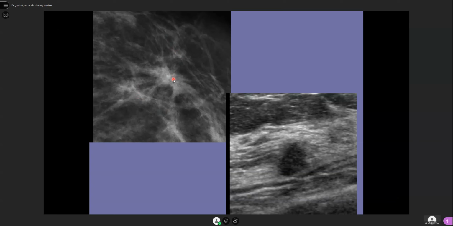And the margins of the mass are highly ill-defined and infiltrative. On ultrasound also you can clearly visualize the margins are not very clear, and the mass is taller than wide. So if it is taller than wide, ill-defined, and showing microlobulations, this is a malignant mass.